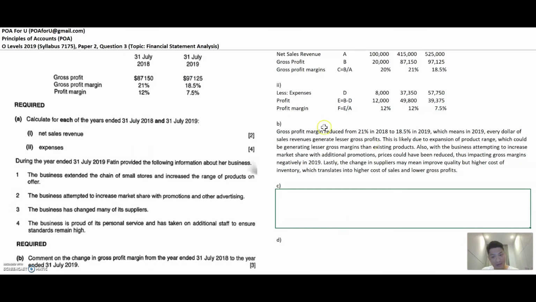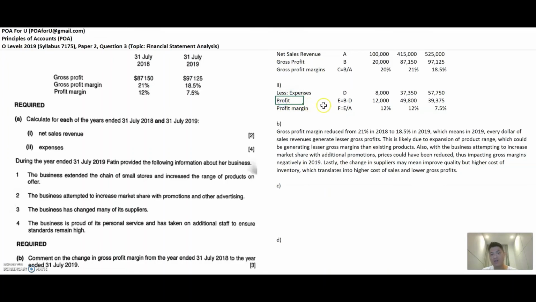But the other thing that would influence it is expenses. If you spend more, right? If you look at this waterfall here, after gross profit is expenses, then you will get your final profit. If your expenses are higher for whatever reason, like you're spending on additional staff to ensure service quality is higher, then that could be it. Your expenses are higher because you're paying more rental for small stores, then that could be it.